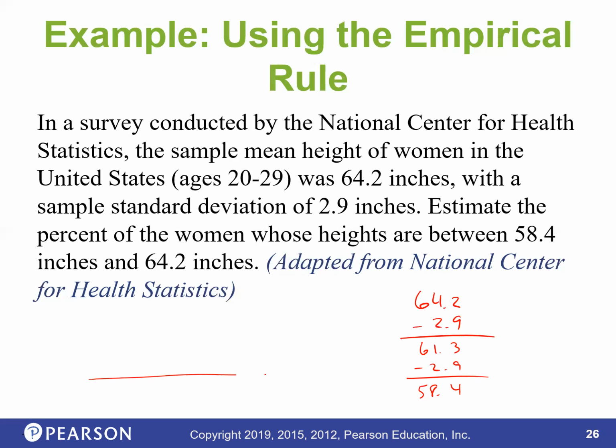So I have this. I have that. I'm at 64.2 right here. Everybody agreed there? And looks like I'm going down 1 and I'm going down 2 to get me to 58.4.